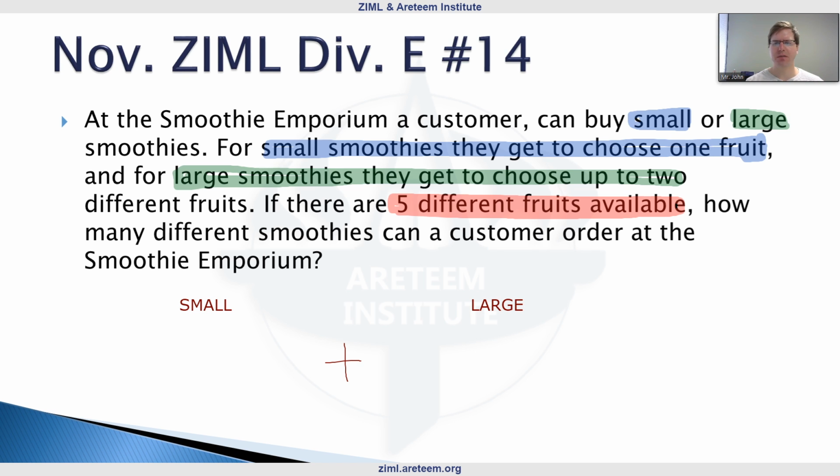So there are just 5 different small smoothies available. Then we have to be a little bit careful for the large. I want you to think about why we might need to worry about the large case more than the other scenario.